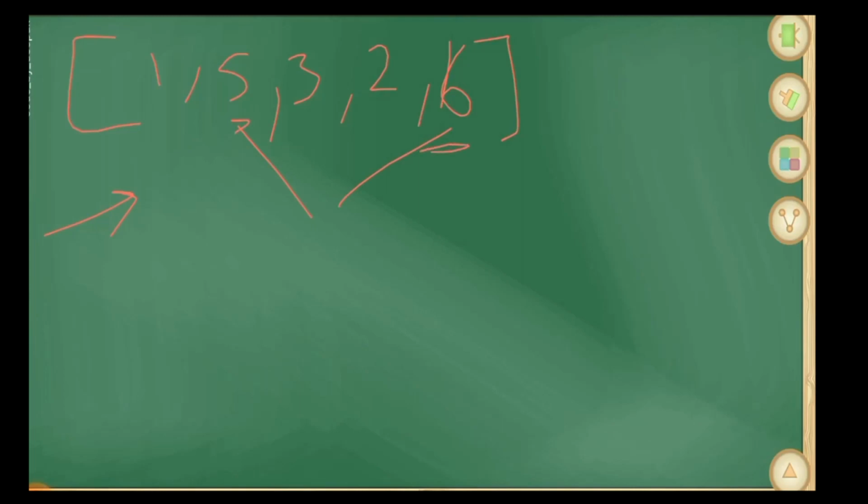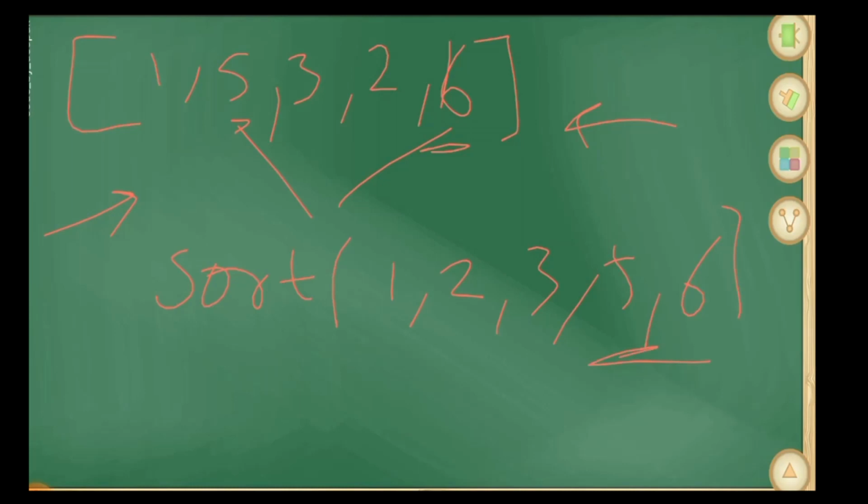But as a program you cannot predict the two most expensive coins simply by looking at the array. So what will you do? You sort the elements from 1 to 6, and after sorting the array you will get 1 2 3 5 and 6, and you pick up the last two elements.